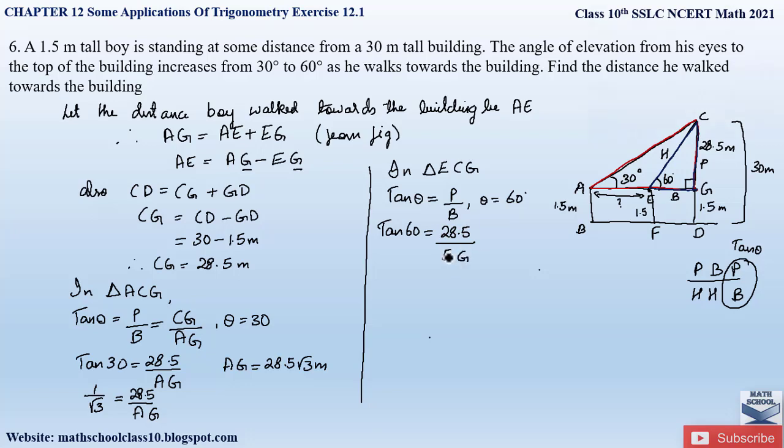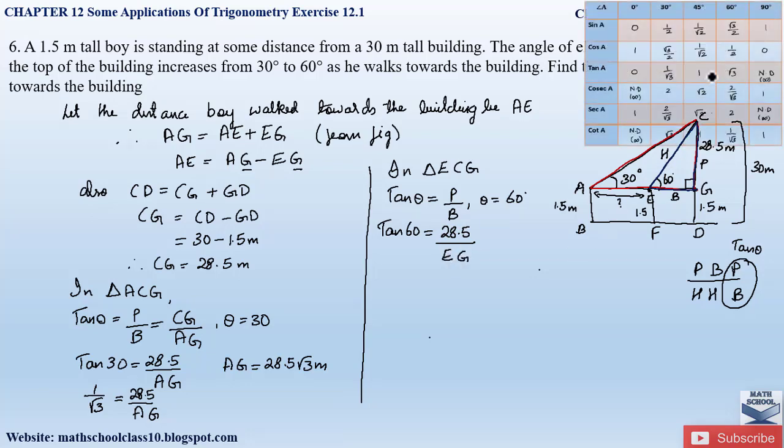Now what is tan 60 from a trigonometric table? Tan 60 is root 3. So substituting, root 3 is equal to 28.5 divided by EG, or EG is equal to 28.5 divided by root 3.